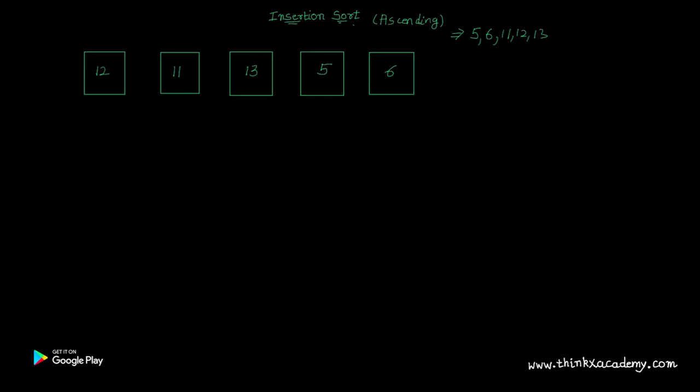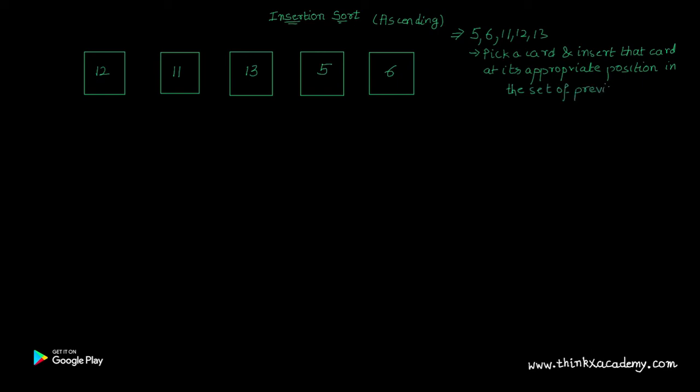So the basic idea of insertion sort is to pick up a card. I'll write here: pick a card and insert that card at its appropriate position in the set of previous cards.